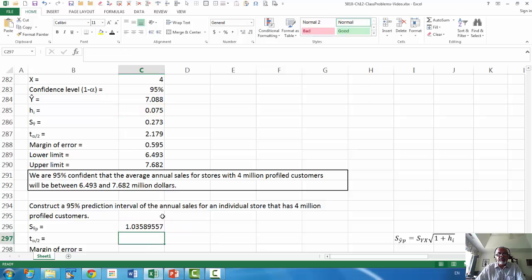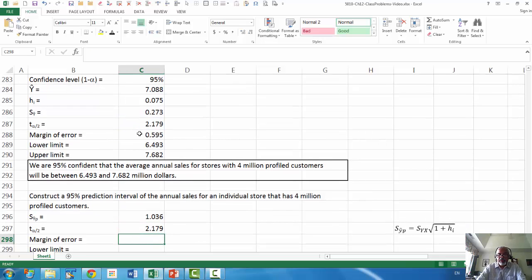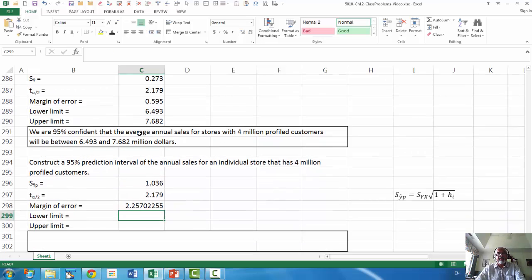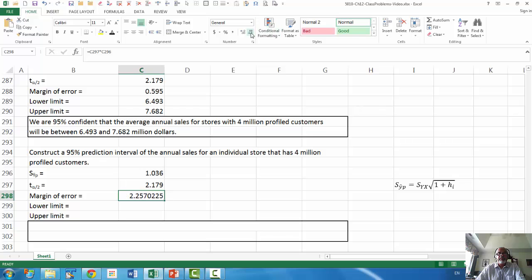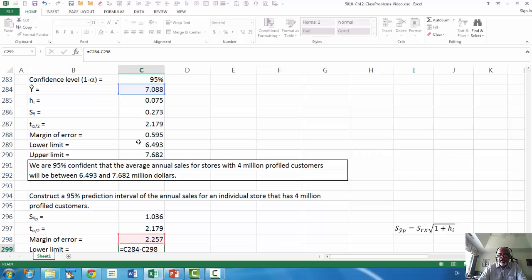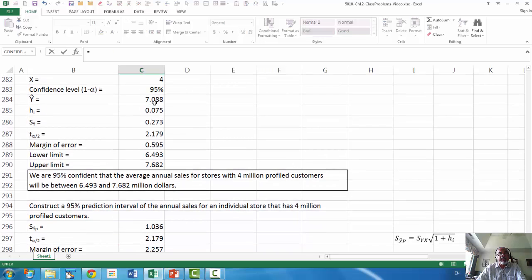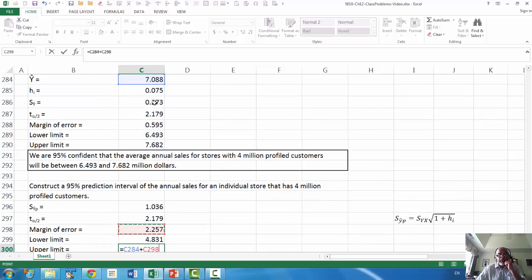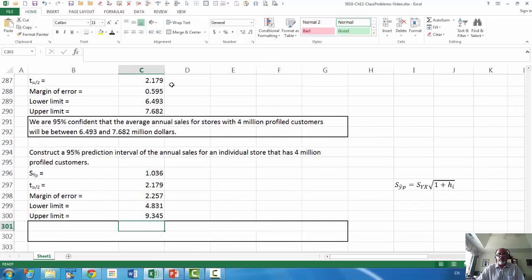This standard error will be slightly larger because we are now talking about one individual case and not the mean. The t value is the same as before. So the margin of error is t times the new standard error. Then the lower limit is y hat minus the margin of error, and y hat plus the margin of error will give you the upper limit.